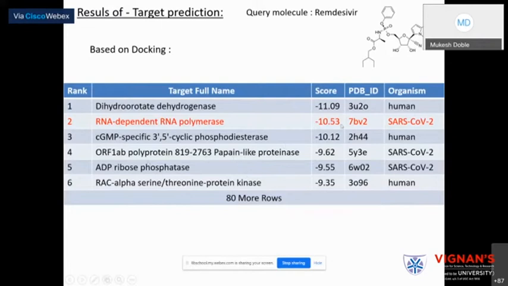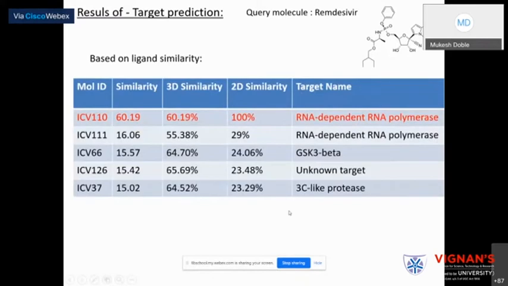Then it again finds a human target, then several SARS-CoV targets and human targets. So what it does is it goes and docks to all the possible targets stored in the database related to human and COVID targets. Then it arranges them in ranking order based on the binding energy. It also does, as I said, something called a ligand similarity or fingerprint based approach.